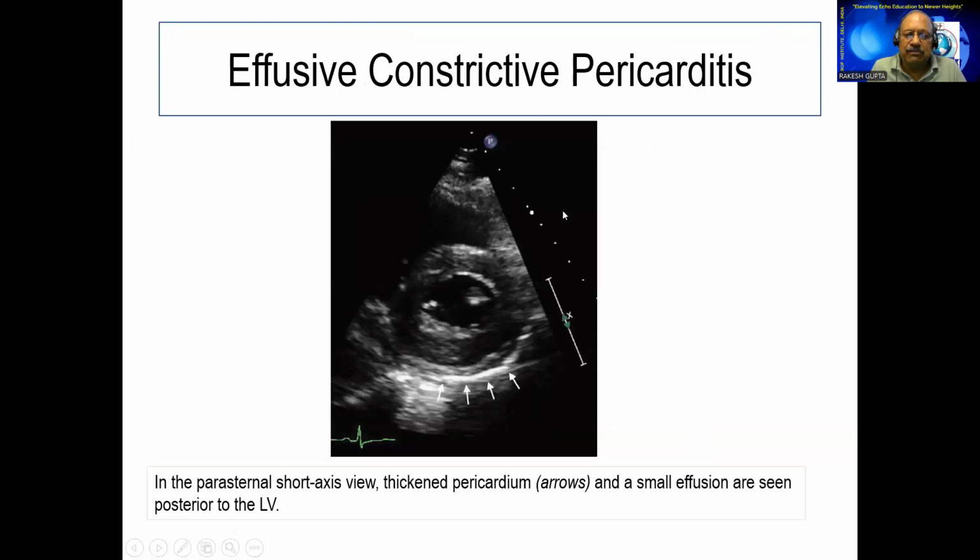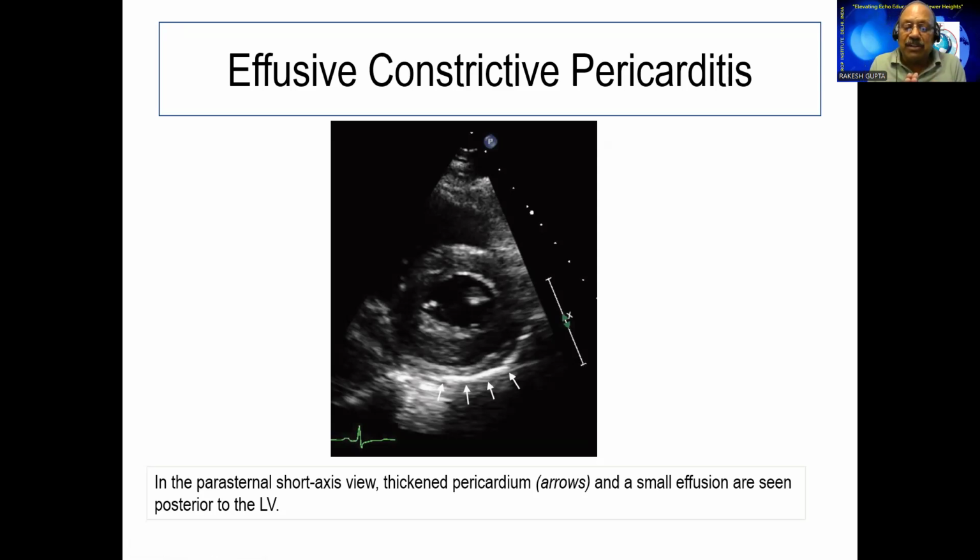And when it has not gone to full-fledged constrictive pericarditis, the anti-inflammatory drugs, especially the steroids, really help in reversing this process of effusive constrictive pericarditis, and if they become normal, we call it transient constrictive pericarditis.